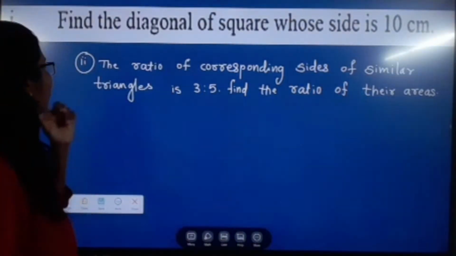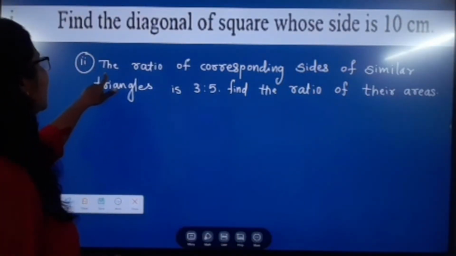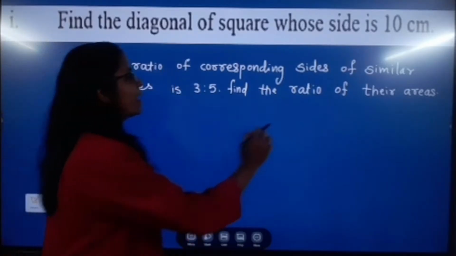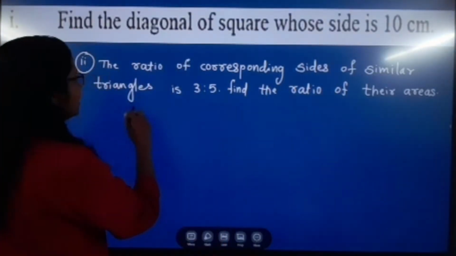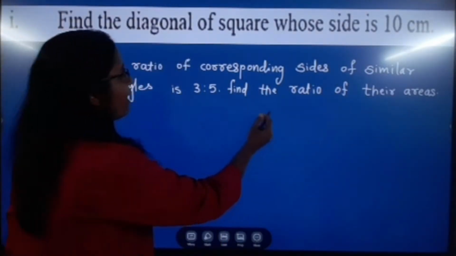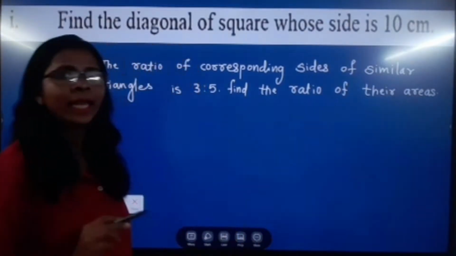So now we solve this question. The ratio of corresponding sides of similar triangles is 3 is to 5. Find the ratio of their areas.